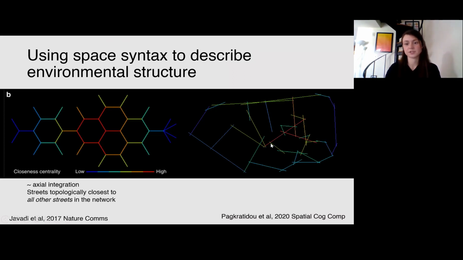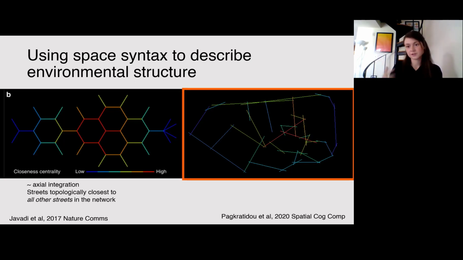So the central streets tend to have warmer colors, so higher integration, whereas those in the periphery tend to have cooler colors denoting lower values for closeness centrality. And what they observed in their work was that people are actually more accurate at pointing to locations with high integration, suggesting that these locations might sort of structure or scaffold your spatial maps. And these are the measures that we'll be using as well.